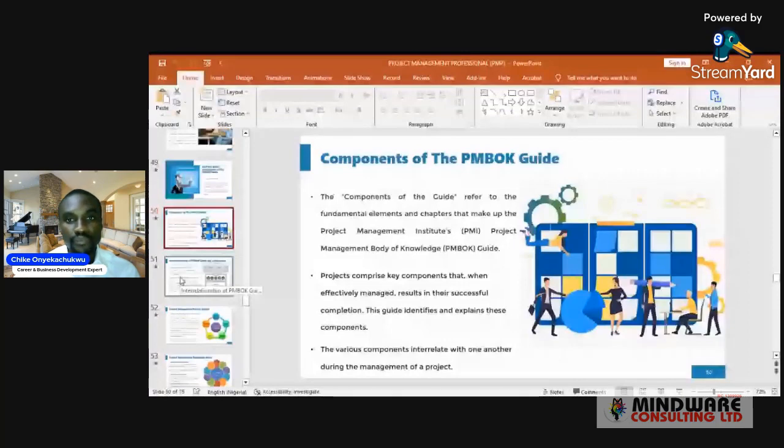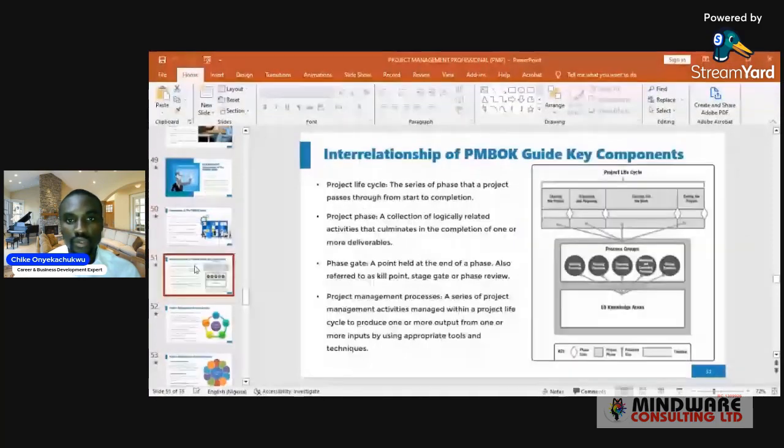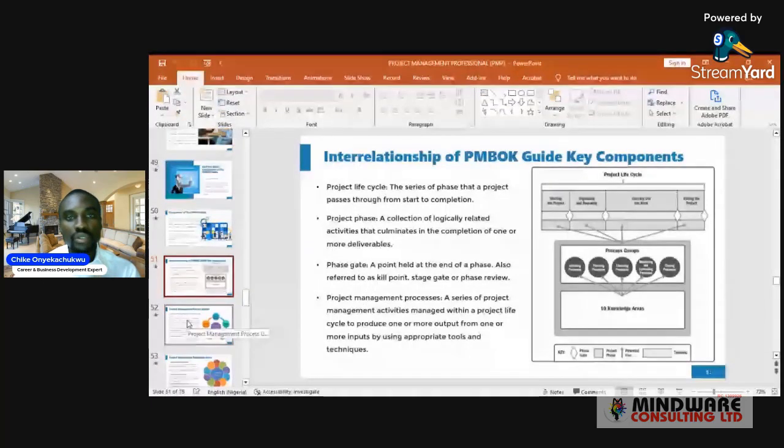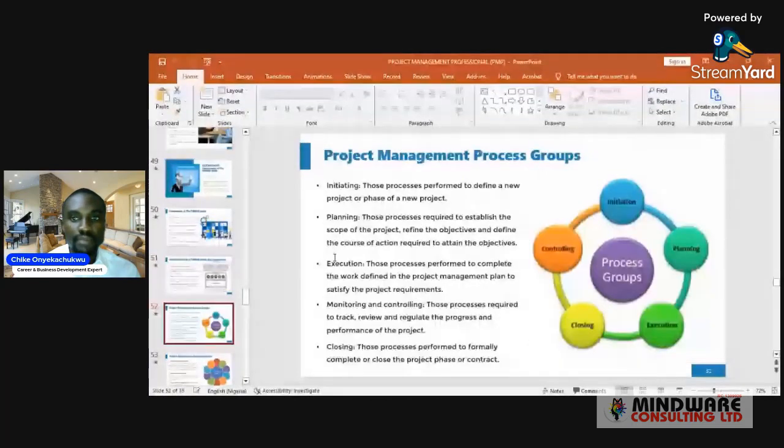In the last class, we were able to look at the interrelationship of these key components. We talked about the project life cycle, that's one of the components. We talked about the project phase, the phase gates, the project management processes, and then we went into the project management process groups.